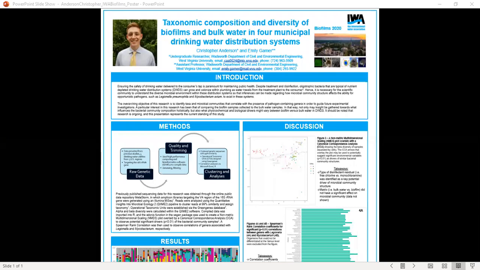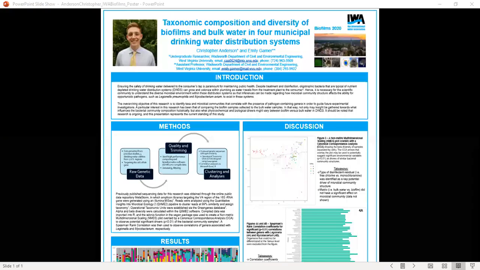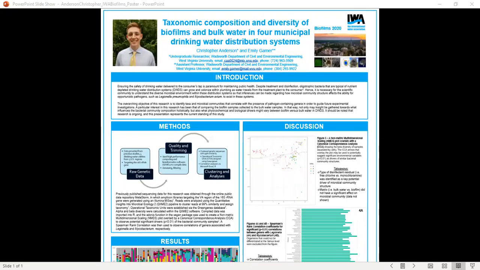A more recent example of this is the 2014 Flint, Michigan water crisis, in which a switch of the source water caused an outbreak of a pneumonia-like illness known as Legionnaire's disease, which is caused by Legionella pneumophila existing in the drinking water. This example, along with others, reiterates the importance of clean, safe drinking water as it pertains to public health.